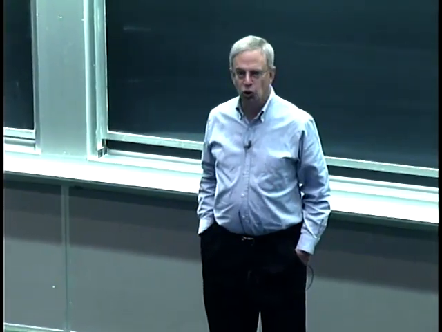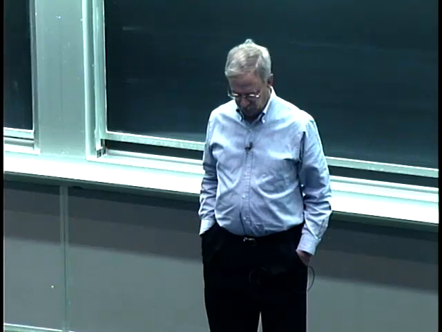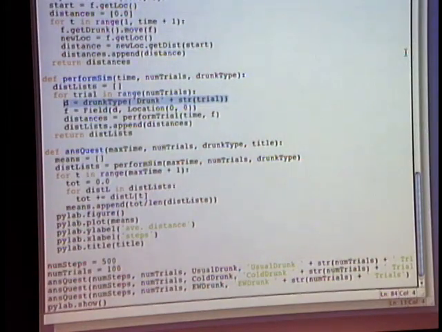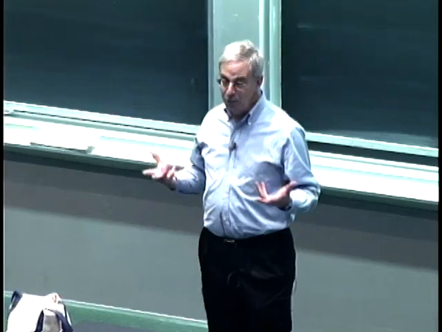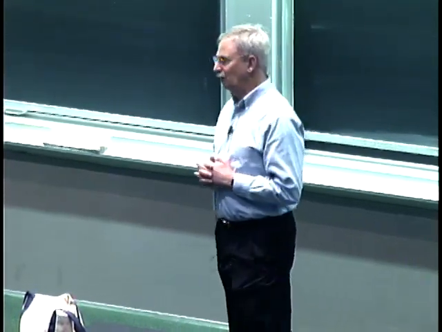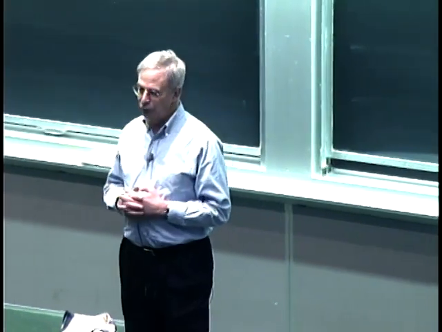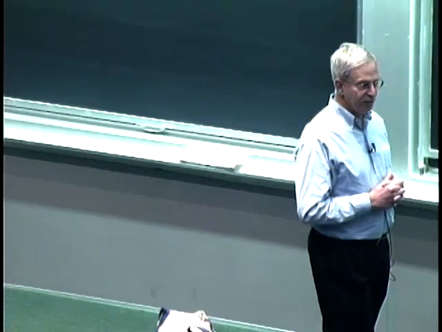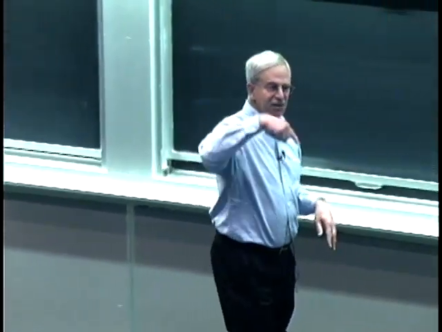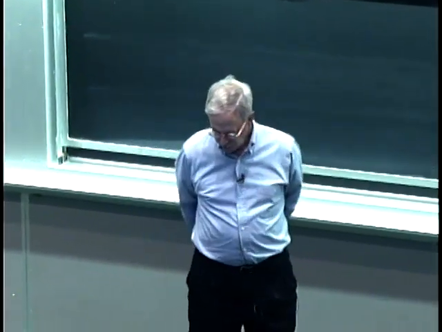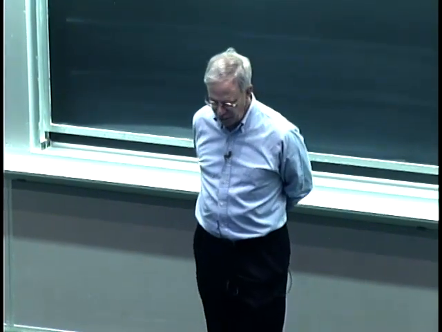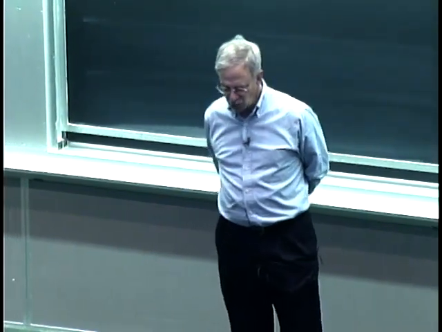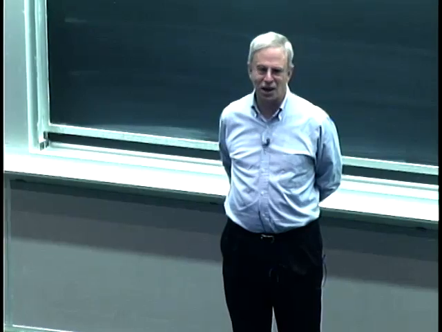So what is drunk type? Drunk type is itself a type. We can use types, variables can have as their values types. Parameters can have as their values types. So I'm just passing the type around so that here, when it comes time to get a drunk, I get a drunk of the appropriate type.